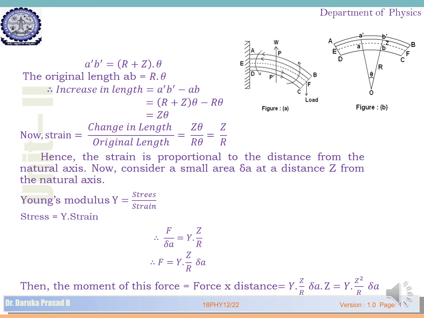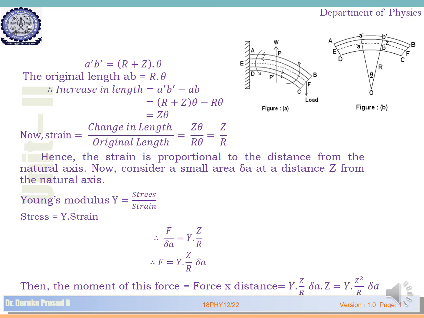As you know, the strain is proportional to the distance from the neutral axis. Now consider a small area, a line element in that plane. So delta A is a small area at a distance Z from the neutral axis. From the definition, Young's modulus is equal to stress by strain.